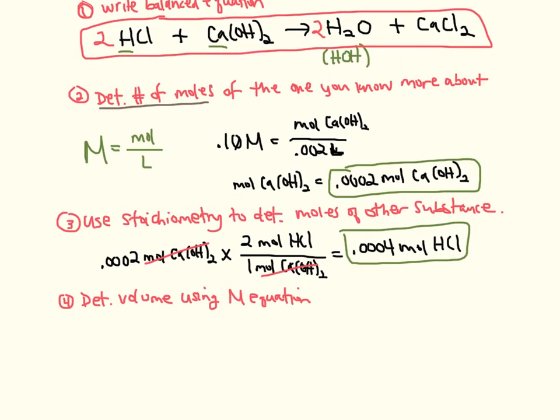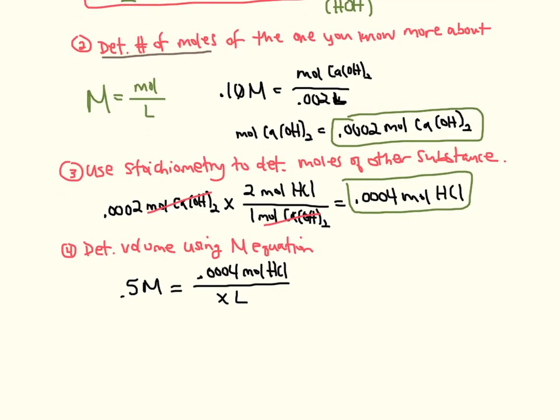So we know the concentration from the question was 0.5 molar hydrochloric acid. And we know that we have this many moles of hydrochloric acid in that concentration. And what we don't know is the volume. So if we solve for the volume, we get 0.0008 liters of hydrochloric acid.